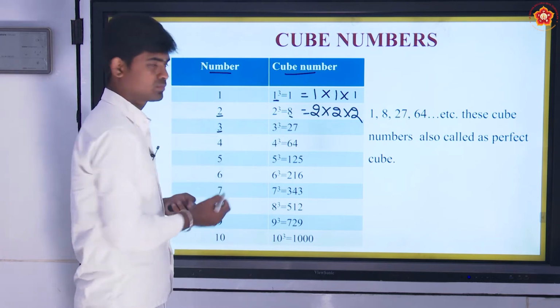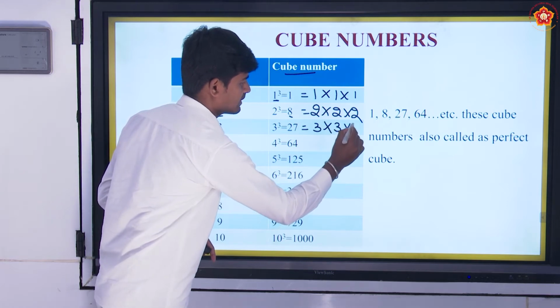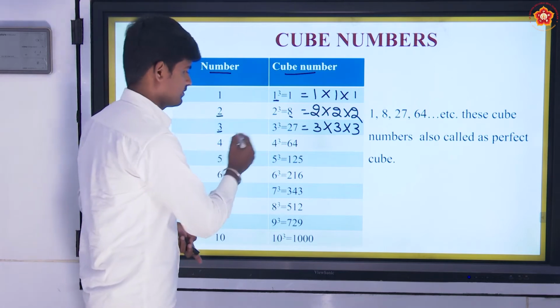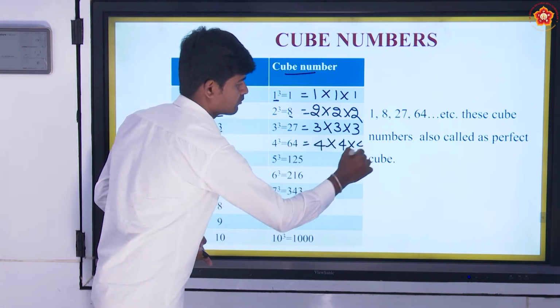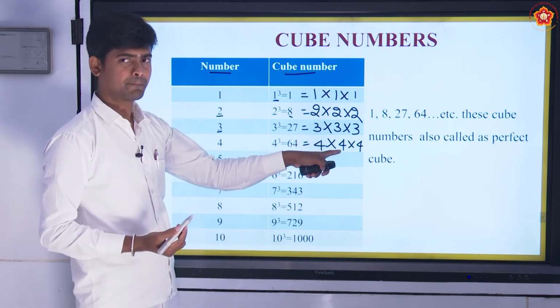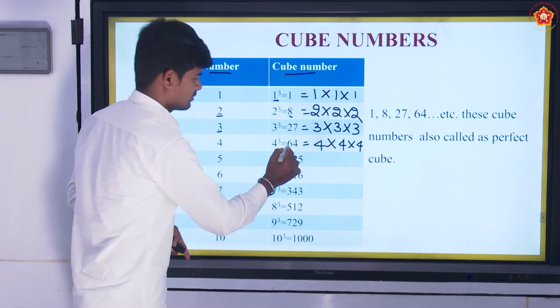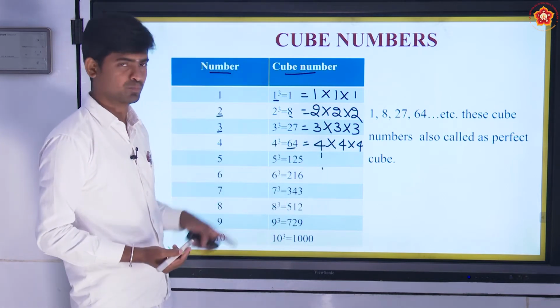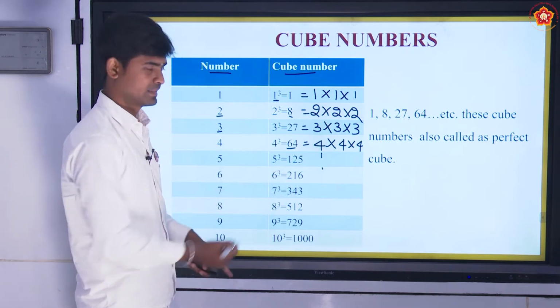Next, 3 into 3 into 3, 3 threes are 9, 9 threes are 27. Next, 4 cube, 4 into 4 into 4. 4 fours are 16, 16 into 4, 64. Like this, 5 into 5 into 5 is 125, that is 5 cube. 6 into 6 into 6, that is 6 cube, is equal to 216.